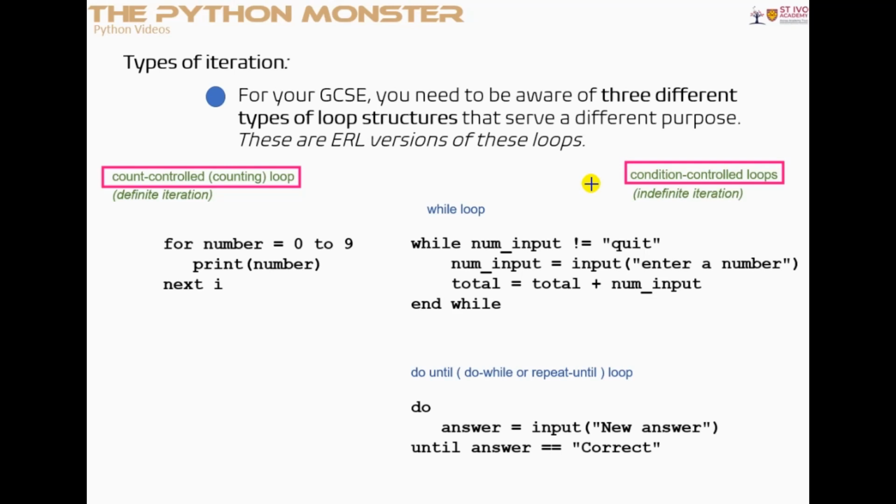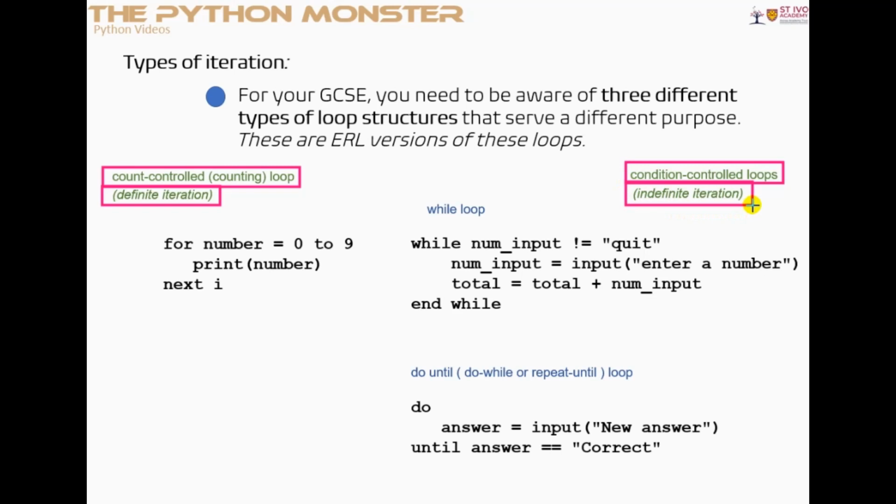Last time I looked, I think the BBC Bitesize was included amongst authors and sites that refer to count controlled loops as definite iteration. I've just popped that term there in brackets. And also they refer to condition controlled loops, so that's the while loop and the do until loop, as indefinite iteration.